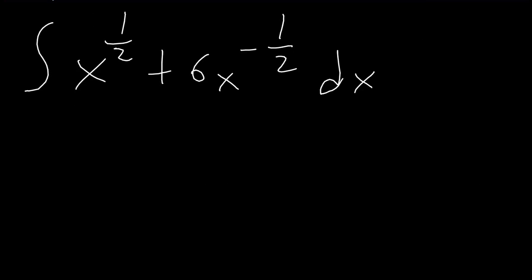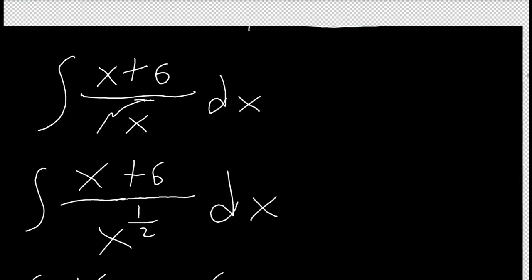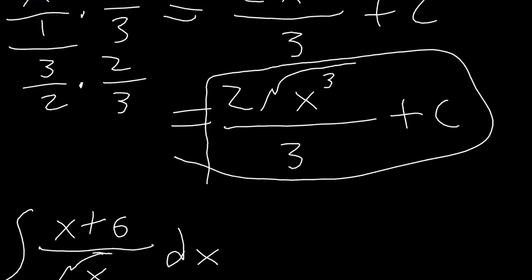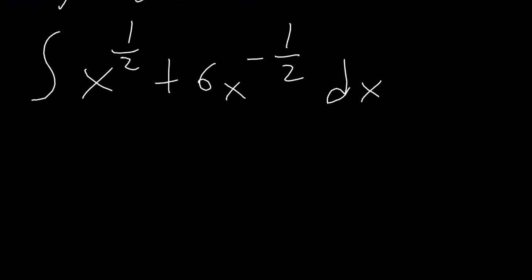Now we can just integrate each term separately. So we saw that the integral of x to the half from above here is just 2 square root of x cubed over 3. So it'll be 2 square root x cubed over 3. And now we have to take the antiderivative of this.